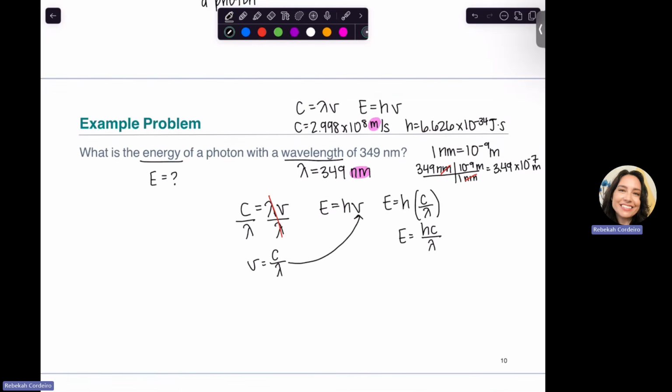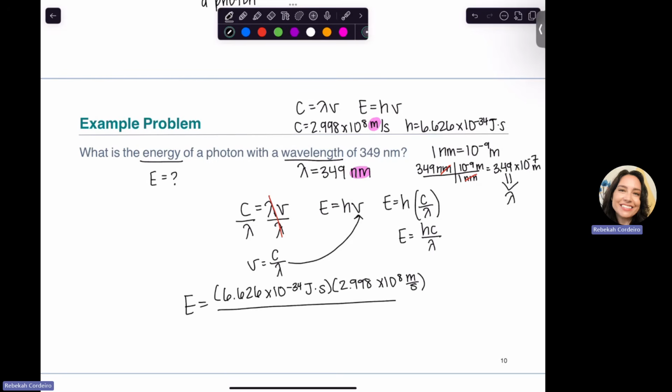So now we have where we plug in for wavelength. Now we have our wavelength and we have our two constants. So let's look at this. We're going to say E is equal to h. And notice when I write out my algebra, I'm going to write out my units, because the units help me double check and triple check my work. If the units don't work out to what I want, then I didn't do it correctly.